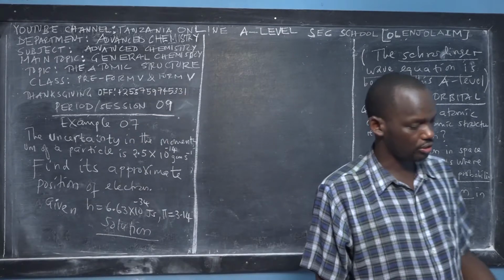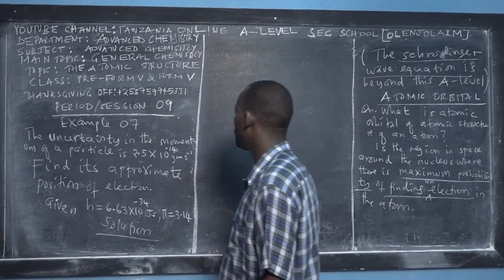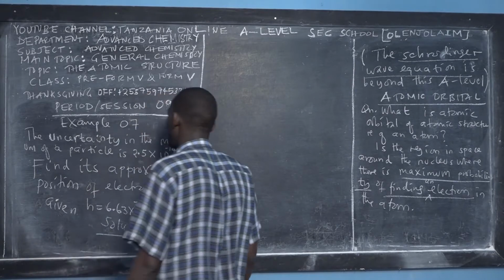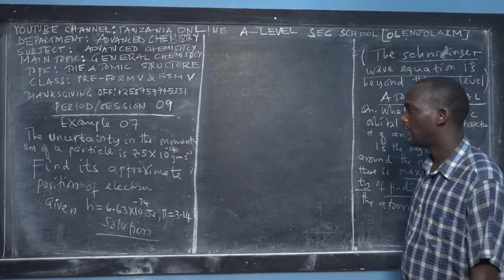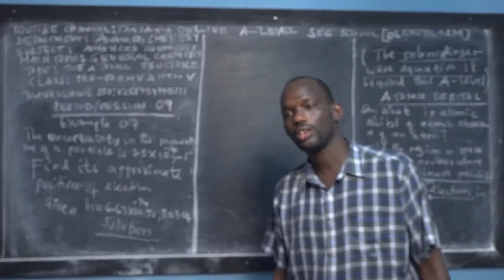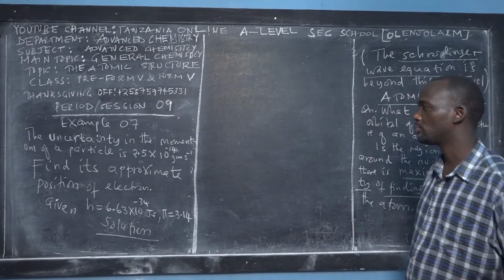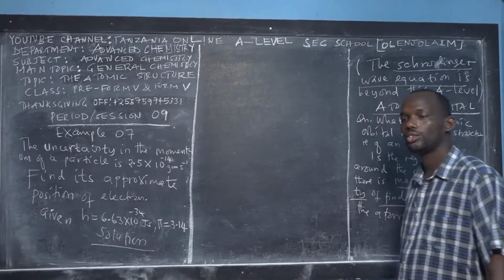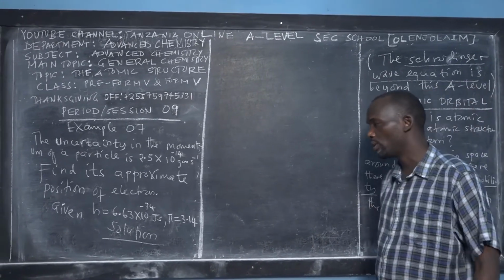When I teach you, we'll find another concept concerning what an electron is: it is a wave in nature, and also a particle in nature. So it has both properties, which is the wave-particle duality nature.